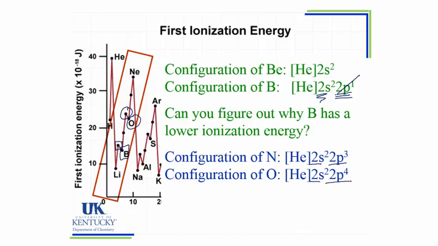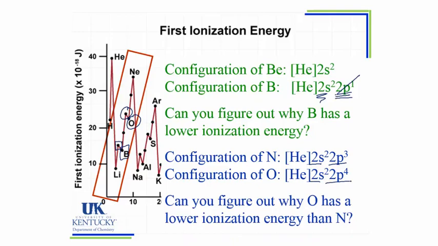So if you look at those two electron configurations, can you figure out why oxygen has a lower ionization energy than nitrogen? Why is it on sale? Why does it say, yes, it still requires energy, but I will not require as much energy to remove that electron? Well, if it takes that one electron away, it drops down to 3, and that's a half-filled subshell.